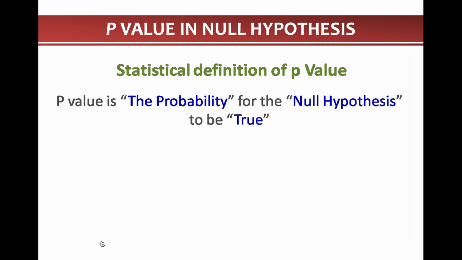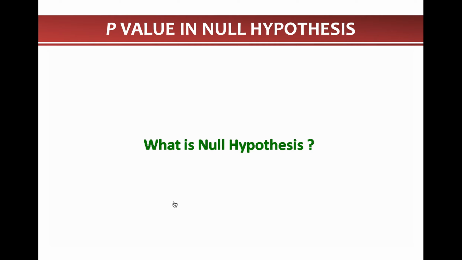Now if we see the statistical definition of p-value, then p-value is the probability value for the null hypothesis to be true. So you can see the relation between the probability that we have learned in the earlier chapter with hypothesis testing. To understand p-value, first we should try to understand the null hypothesis.